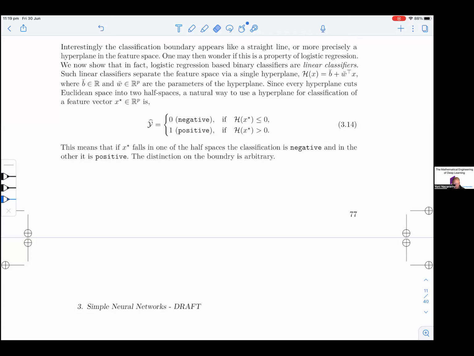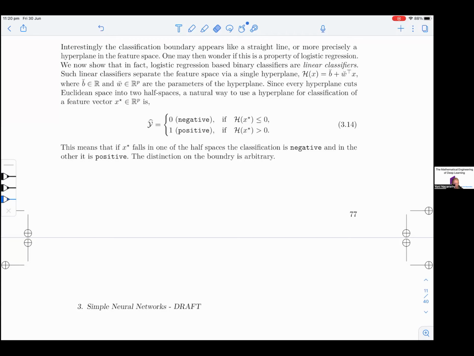Such linear classifiers separate the feature space via a single hyperplane, H(x) = b + w^T x, where b is real valued and w is p-dimensional, are the parameters of the hyperplane.